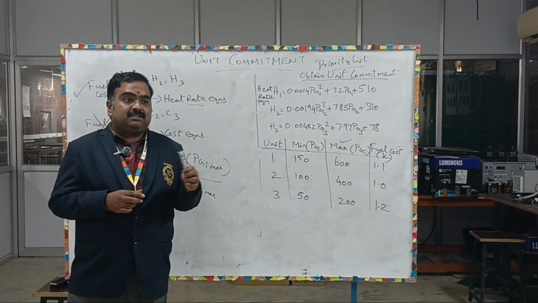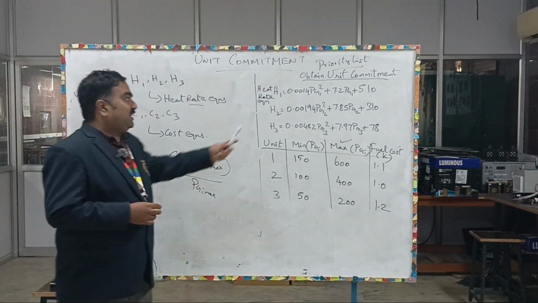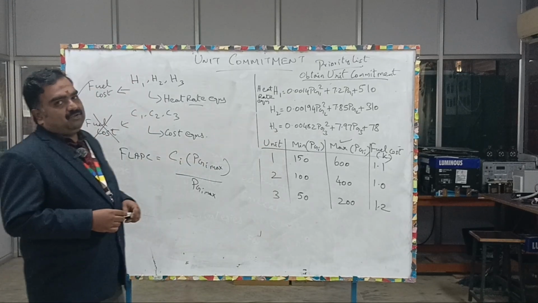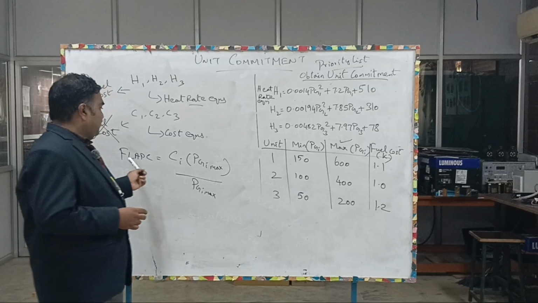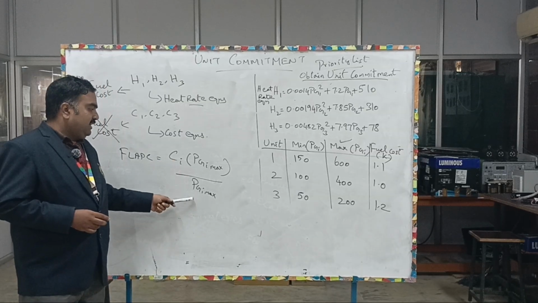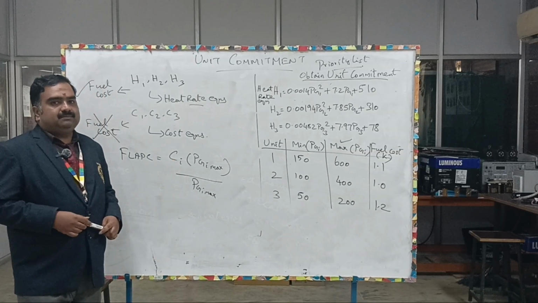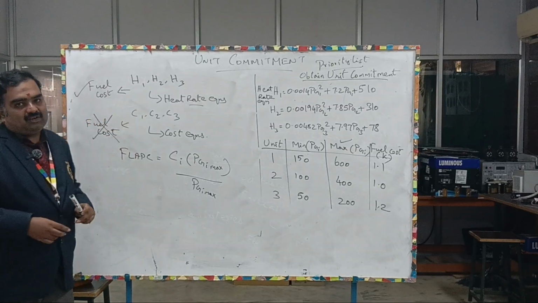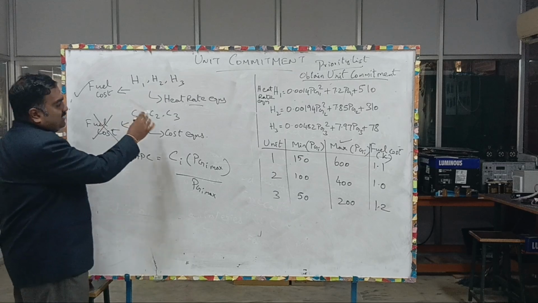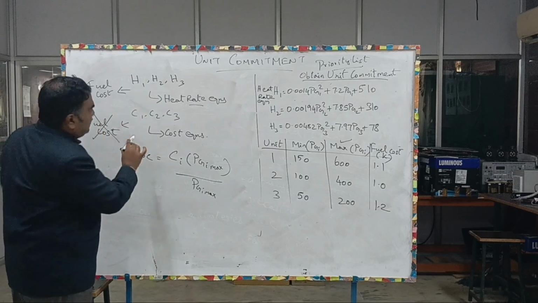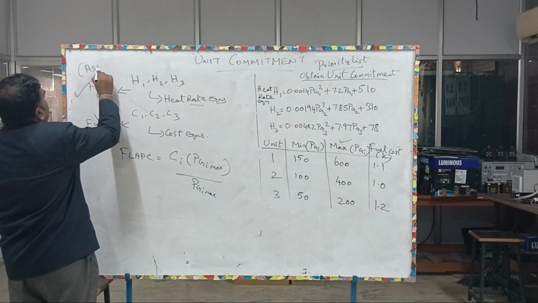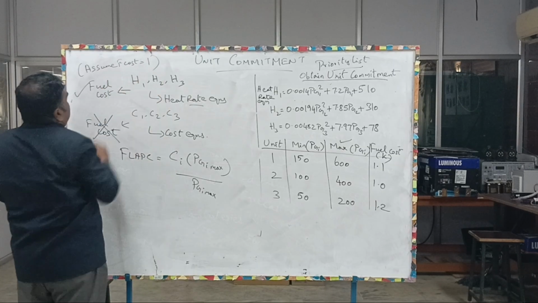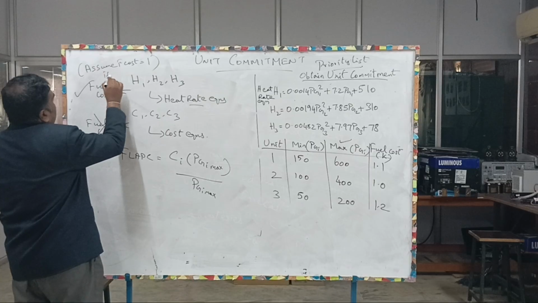So, first audit whether they have given the heat rate equation or the cost equation, they would have mentioned in the problem, right. If it is a cost equation, your FLAPC you can directly substitute in that equation divided by the maximum generation. If in case they have given the heat rate equation, they would have definitely given the fuel cost, or if they have given the heat rate equation and they have not given the fuel cost, then assume fuel cost as 1 if not given.